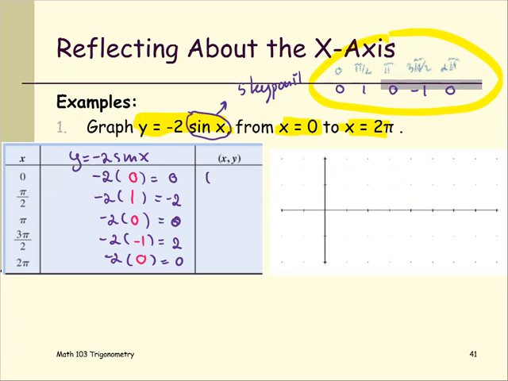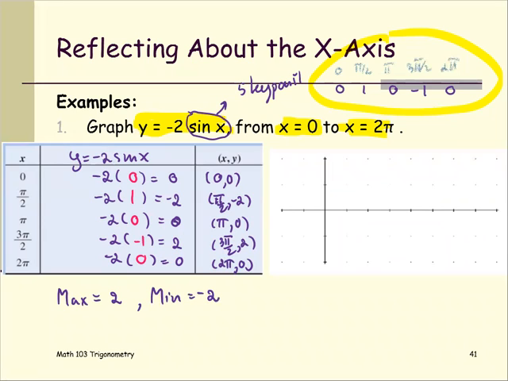After that, we put together as ordered pairs: 0, 0, pi over 2, negative 2, pi, 0, 3 pi over 2, 2. The last one is 2 pi, 0. We make a list. The maximum value of the function is positive 2. The minimum value of the function is negative 2.